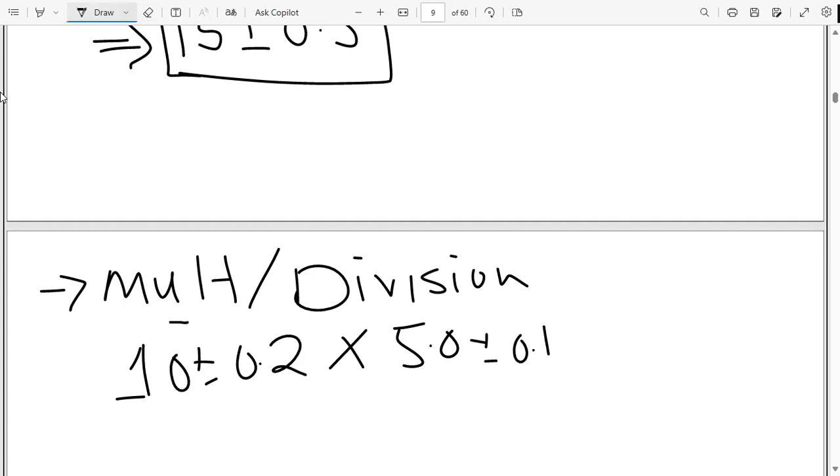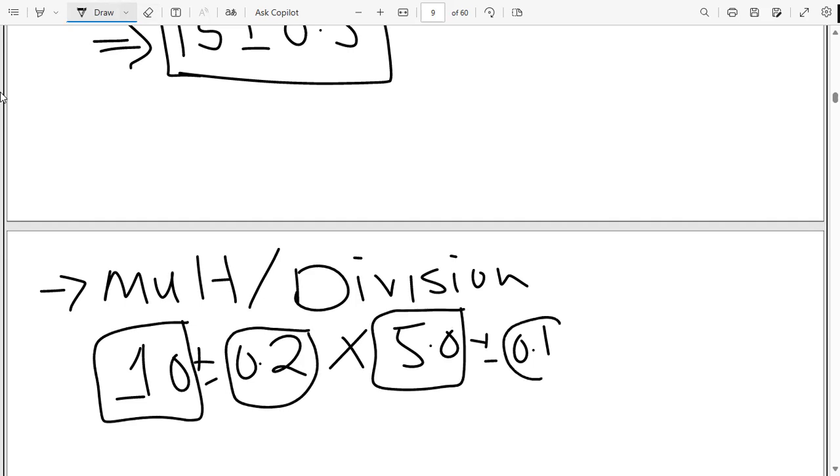You multiply these numbers, or divide them. Then with the uncertainties you've been given, you're going to add the percentage uncertainties. So first, find the fractional uncertainty, which is the absolute uncertainty divided by 10, and here 0.1 divided by 5. Then multiply those by 100 to find the percentage uncertainties.